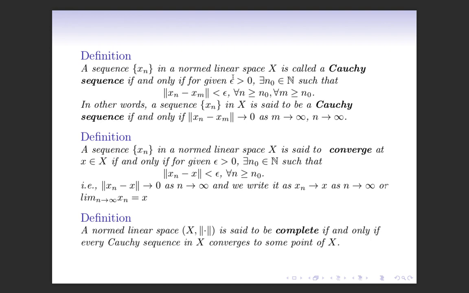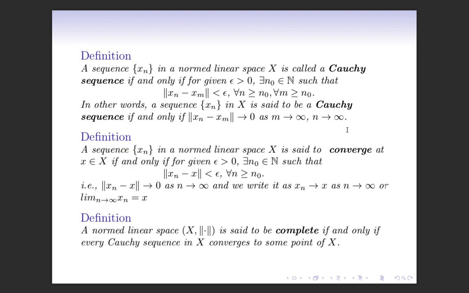And in a normed linear space, d of xn comma xm is nothing but norm of xn minus xm. So, in this way we can define a Cauchy sequence in a normed linear space. In other words, a sequence in X is said to be a Cauchy sequence if and only if norm of xn minus xm tends to 0 as m tends to infinity and n tends to infinity.